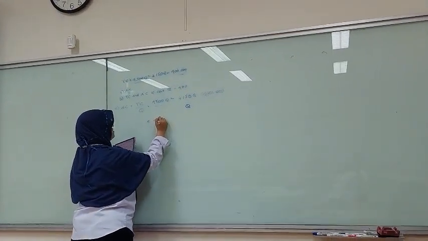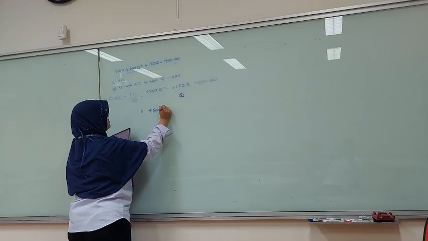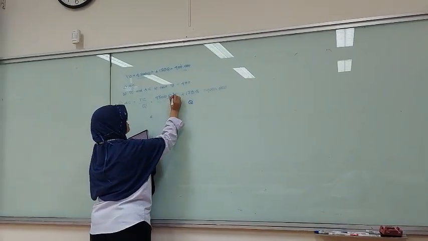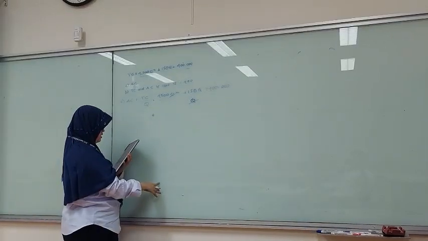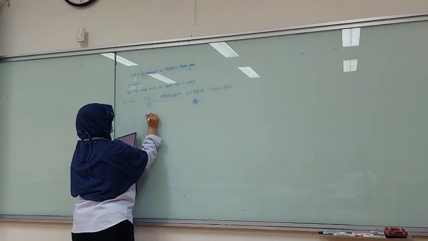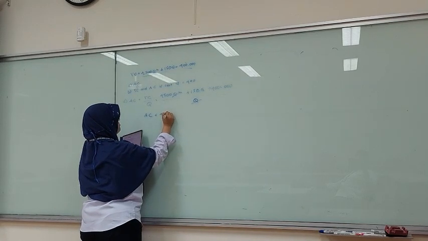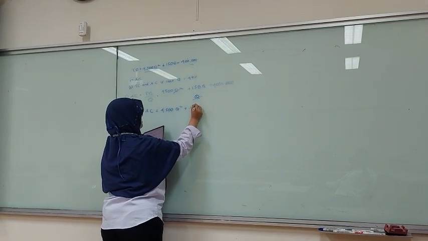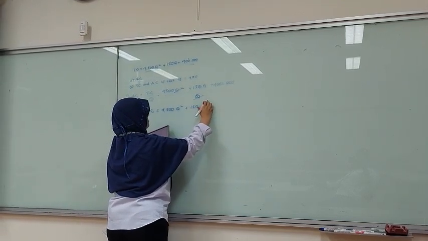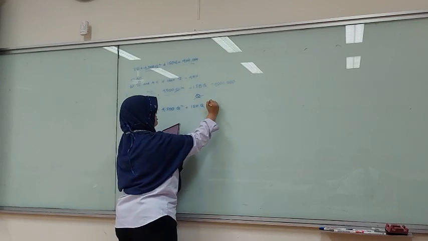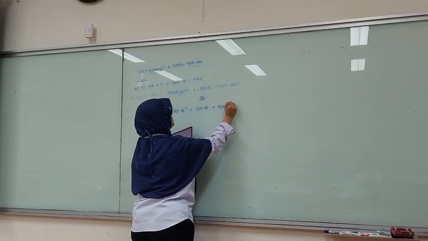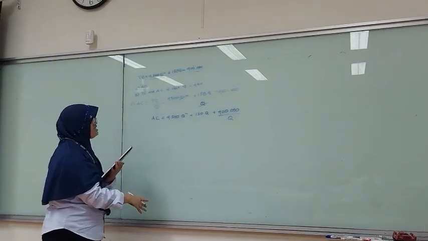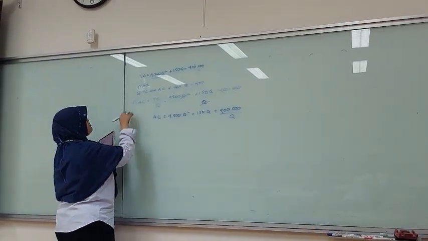So here we need to eliminate the key first in the AC: 400 key into 100 key plus 400 divided by key. So this is the AC.